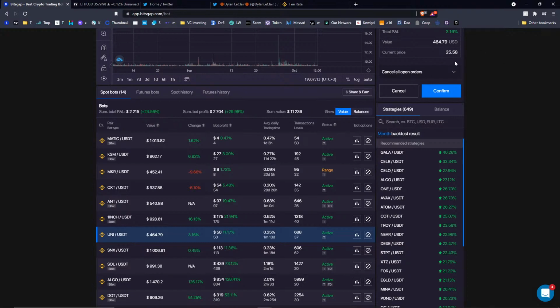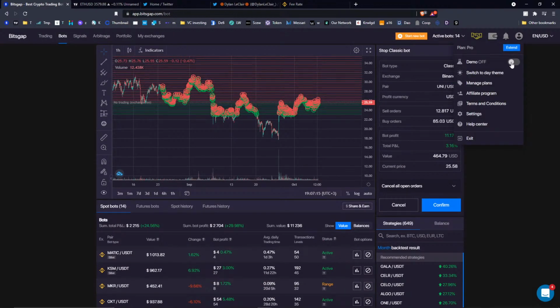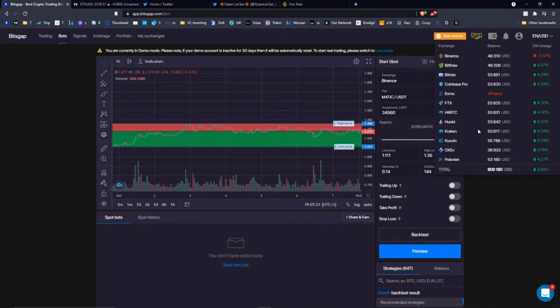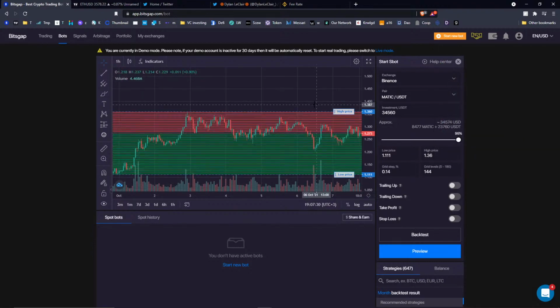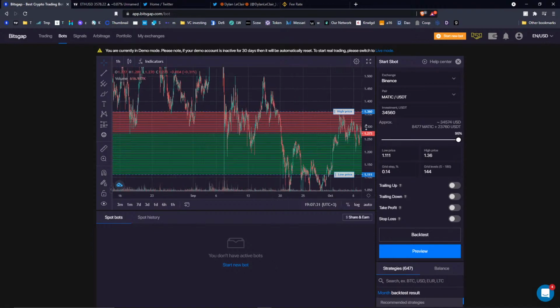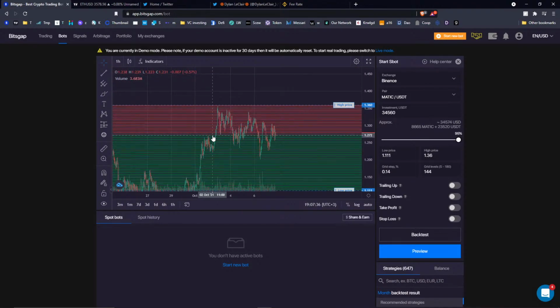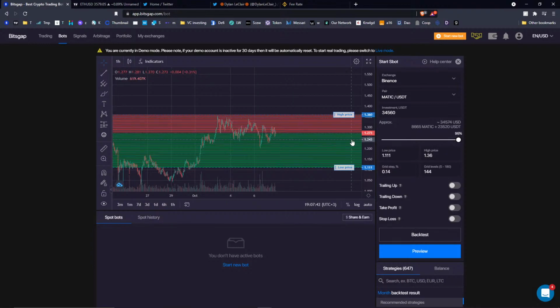By the way, don't forget about the demo mode, which is the sandbox for you to play with different strategies, absolutely risk-free, because here you have virtual money, and you use it to simulate trading on real coins that show you real prices in real time. It's not lagging behind, it's the real price.